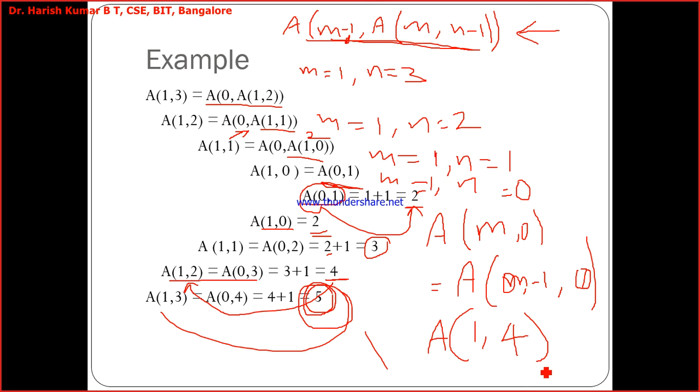Do it for A of 2 comma 4. So this you are told it is 6. I'll write it down. So similarly do it for A of 2 comma 4. You have to solve more steps to get the result of this.